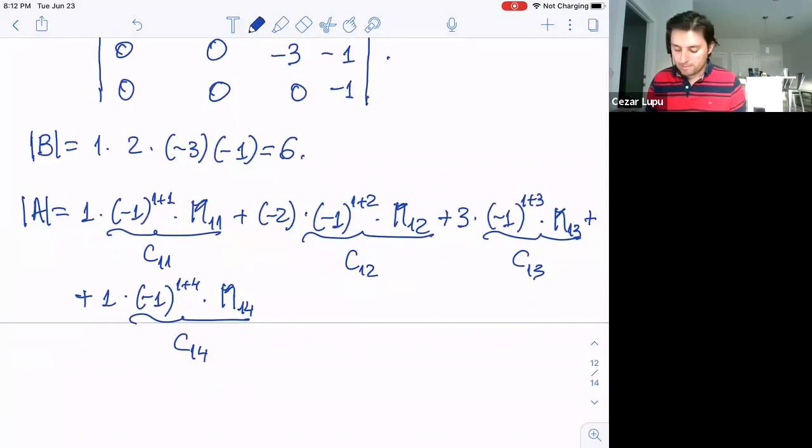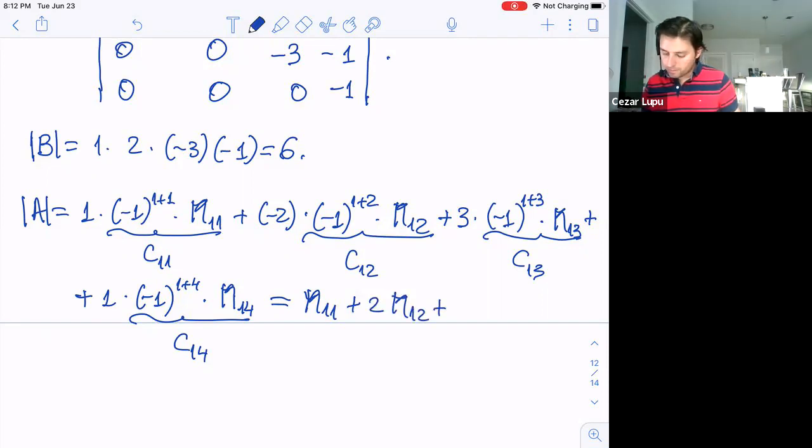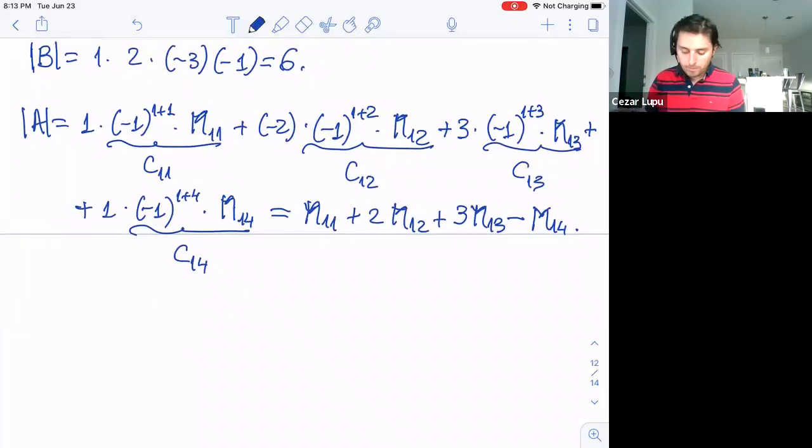Well, I can write this as M11 plus 2 M12 plus 3 M13 minus M14.